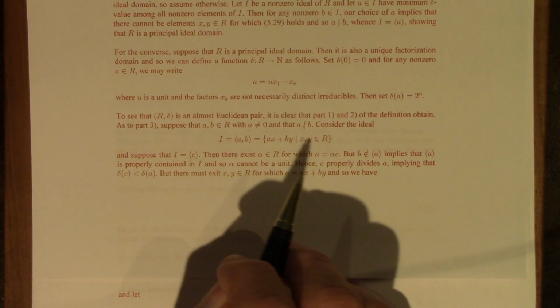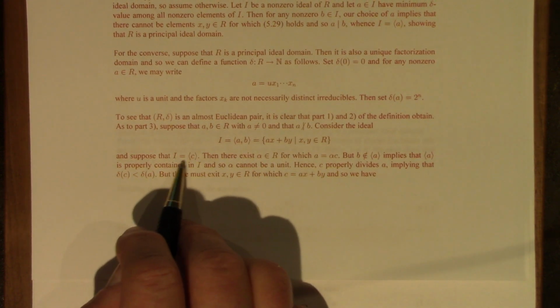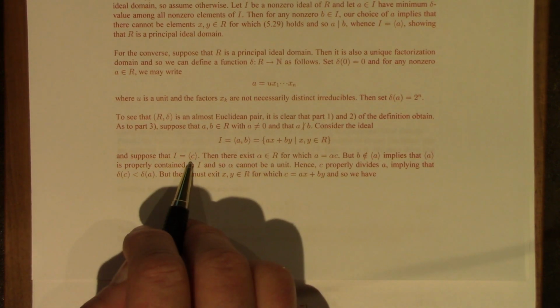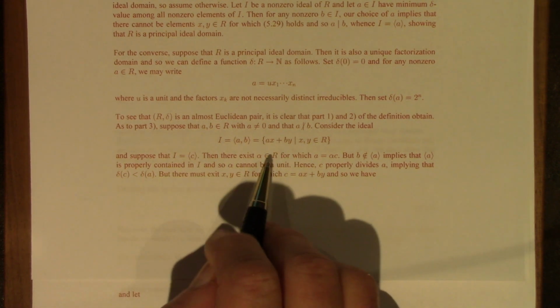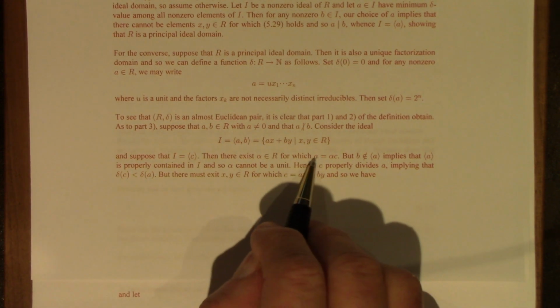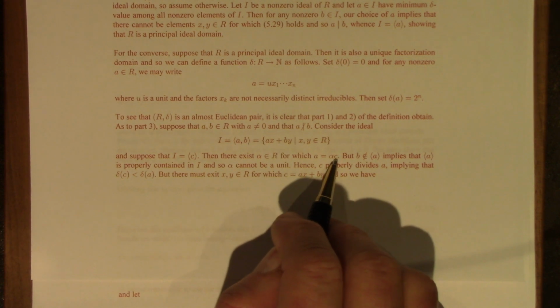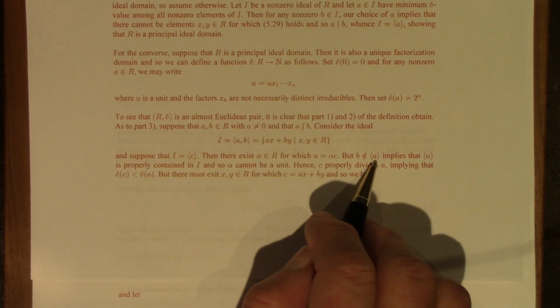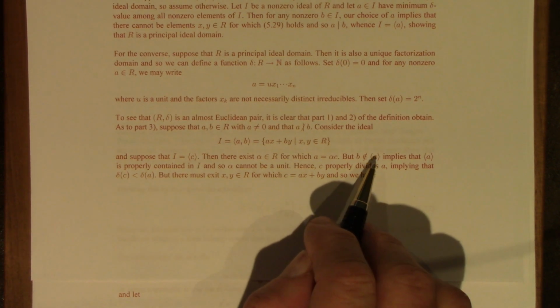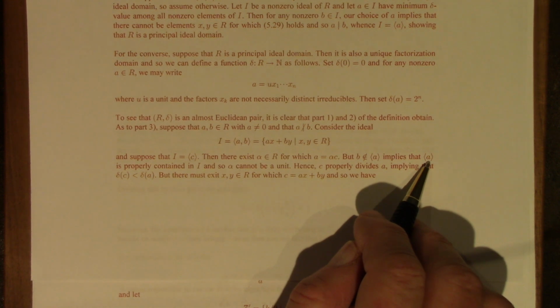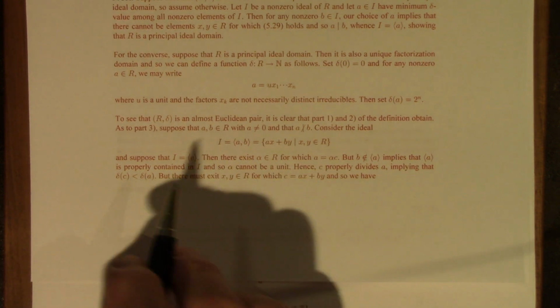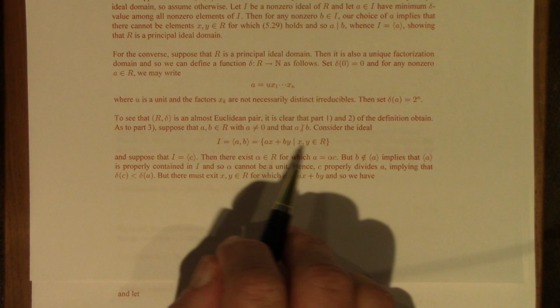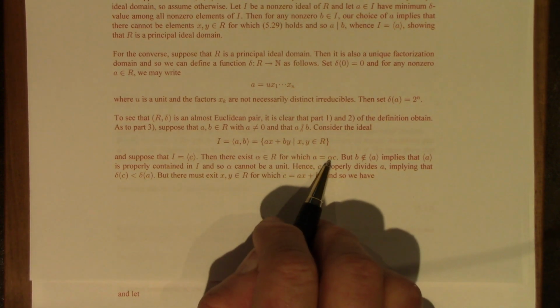And since we have a principal ideal domain, we can assume this is generated by an element C. So there is an alpha in R for which A equals alpha C. But B is not in the ideal generated by A, and so this ideal is properly contained in I, which means that alpha cannot be a unit.